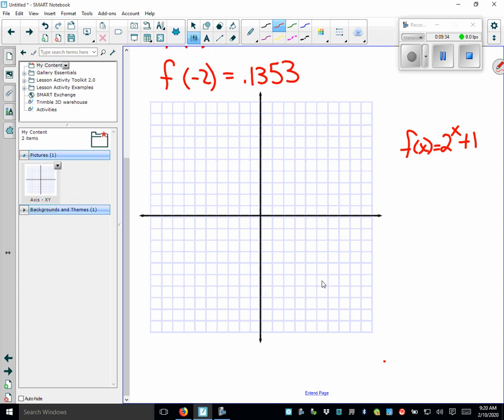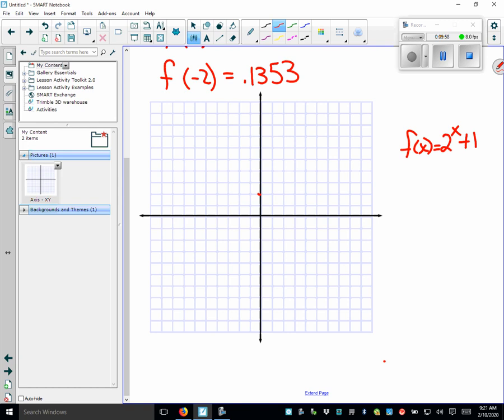Up 1 and then it looks like that. Can you give me a point? 0, 2? So I have a point here.